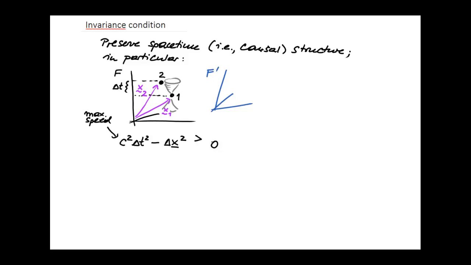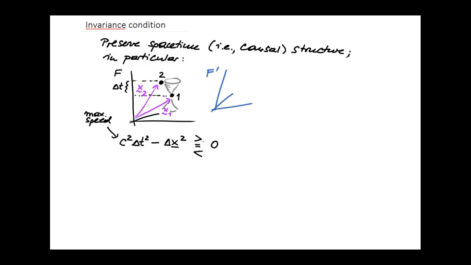If this is the case, then event 2 lies in the past or future light cone of event 1. If, on the other hand, this is smaller than 0, then event 2 lies outside the past and future light cones of event 1. And if it is equal, then event 2 lies precisely on the boundary of the past or future light cone of event 1.